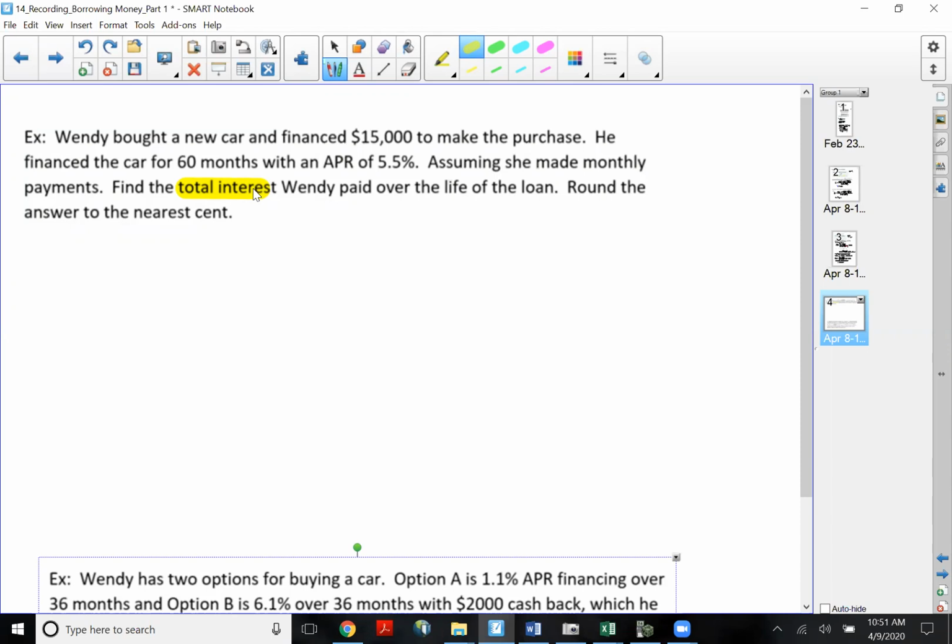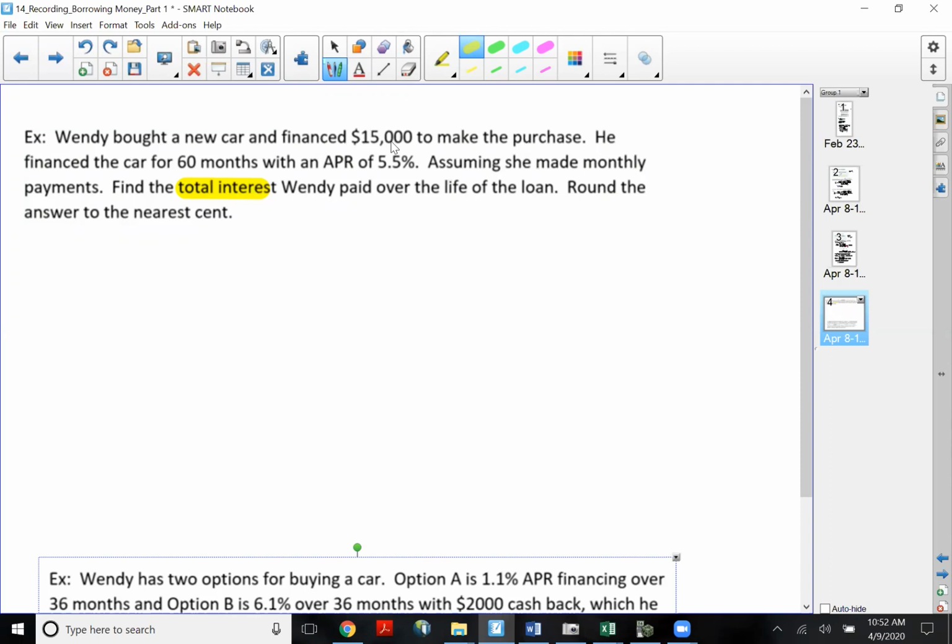In order to get the interest out of it, we need to know how much money she paid for the car. So this problem is similar to the previous one, except with the down payment. There's no down payment here. Once we figure out what she paid total for the car, inside that total it has interest plus the principal, so we can subtract off what we financed, the principal.